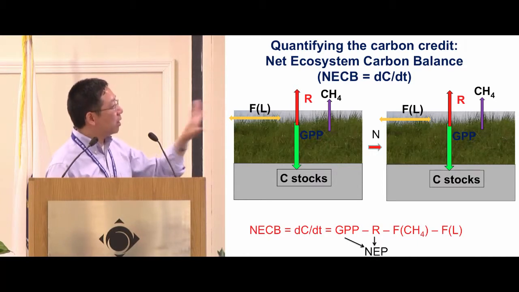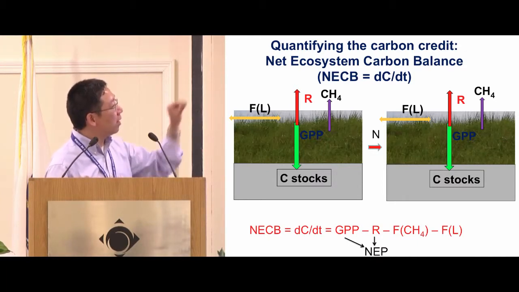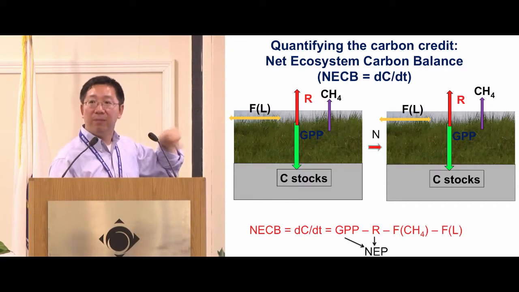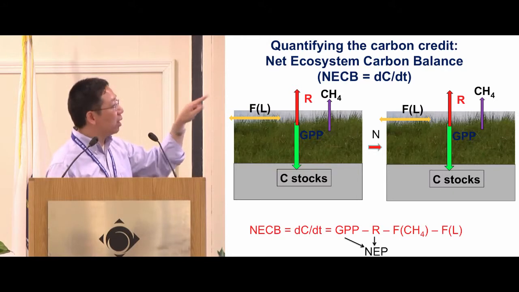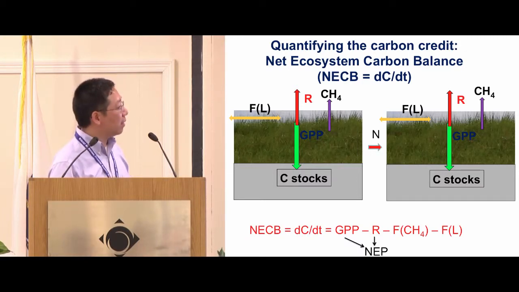Later on, speaker Kevin will cover that. I'm going to focus on the three vertical lines: the emission of carbon through respiration R, the uptake of carbon through the green arrow of photosynthesis, and the release of methane.